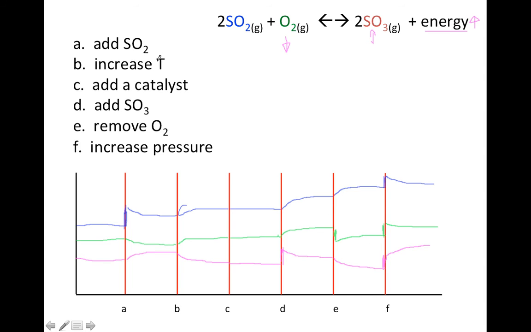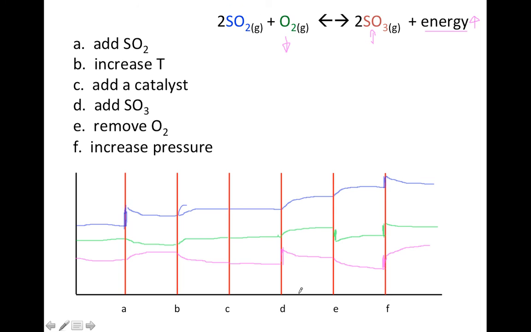When we increase temperature, they all curve to a new equilibrium. So increase in temperature happened at B, so that was a bit of a blunder. So there's our curving. And when we change the pressure, they all will spike or they'll all drop before curving to equilibrium. And we love a catalyst because the horizontal lines just carry on that way.